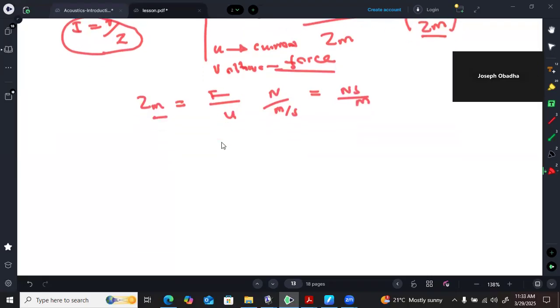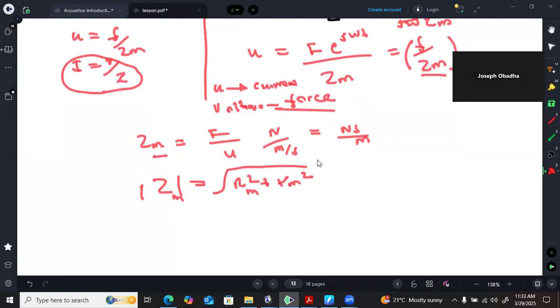And we know that if we have impedance Z in electrical circuits, then the magnitude is given by the root of R squared plus X squared. We can apply this to Zm, with Rm and Xm, and we can still draw the impedance triangle.